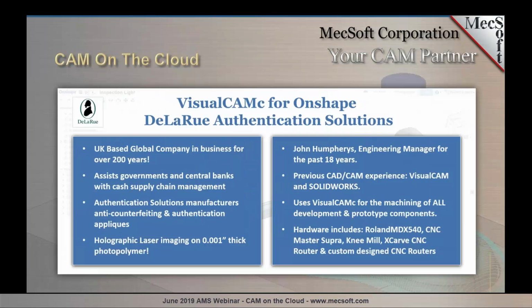The authentication solutions part of it makes those laser imaged appliques for authentication labels that companies can place on products. And those are laser imaged on 1,000 thick pieces of polymer. Can you think about the apparatus and the technology required to do that? It's very proprietary and no one else does it.